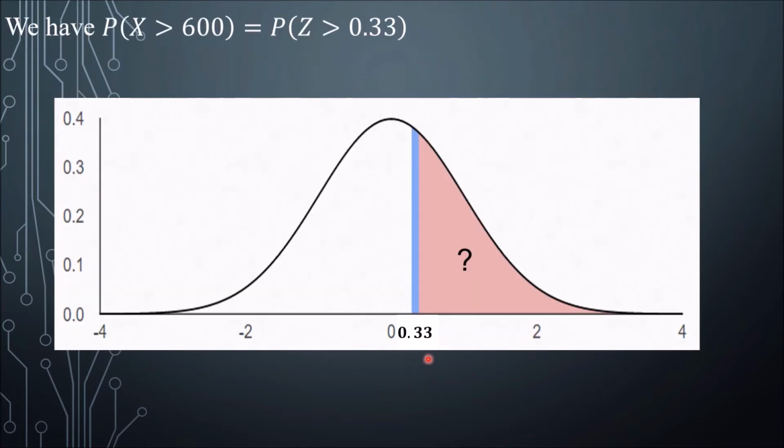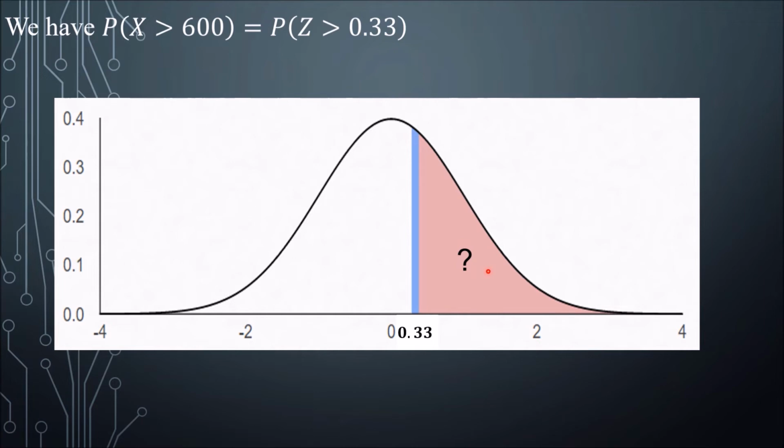So this is 0.33. 0 is our mean, and then 0.33 is here. Now since we need to find the probability that x is greater than 600, which is the same as z greater than 0.33, the graph is to the right of 0.33.